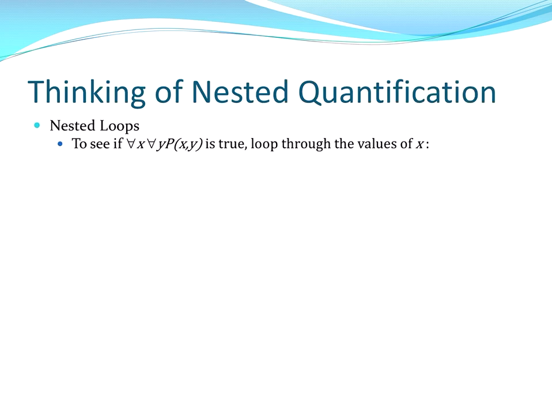So one way to think about this is sort of an outer loop and inner loop type of approach, where the first quantifier is the outer loop and the second quantifier is the inner loop. So at each value of x, the outer loop value of x, we're going to loop through all the values of y.